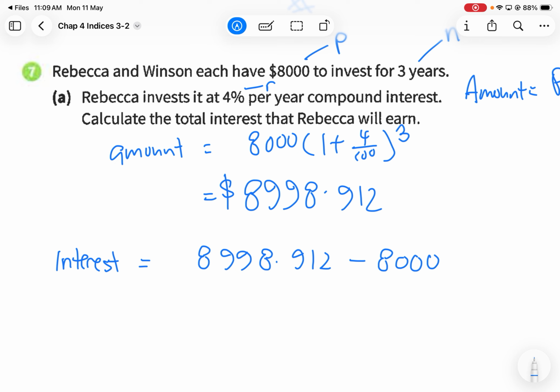Okay? So the 8,000 I put there, the 8,000 after adding the interest become this number. So if I want to find the amount of interest, I must take this one minus the principal, minus the original amount. So the interest itself is 998.912.